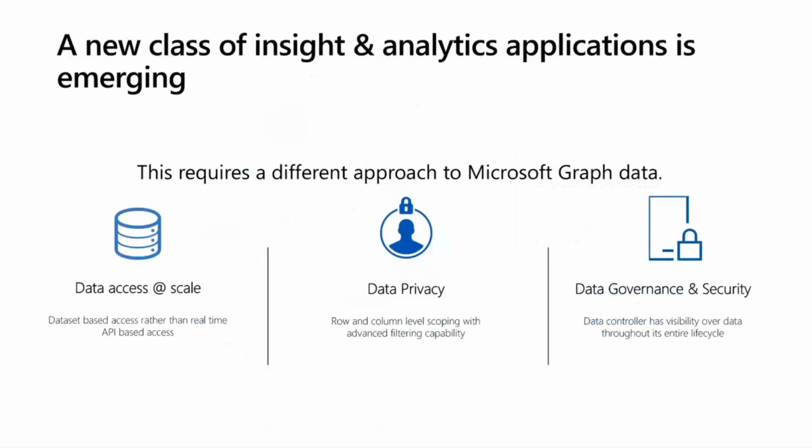When you think of Microsoft Graph Data Connect, we really focus on three key areas. The first one is being able to get data at scale. And so being able to extract millions and millions of rows of data in a timely fashion. Today, if you were to try to extract information, let's say about emails for every user in the tenant, using the REST API, you're going to be facing some throttling limits, right?